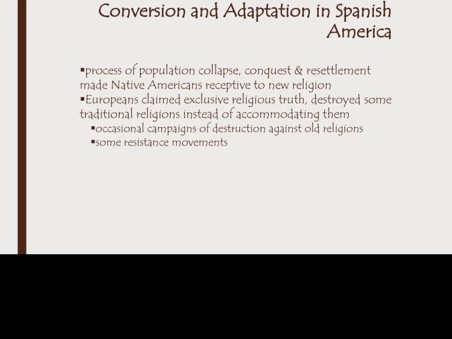And the occasional campaigns of destruction against the old religions were pretty brutal. There were some overt resistance movements, and the spectacular collapse of the Aztec and Incan empires led many Spanish and indigenous people to believe that the God of the Christians must be stronger than the traditional gods of the Americas. And millions converted. They were baptized throughout the New World.